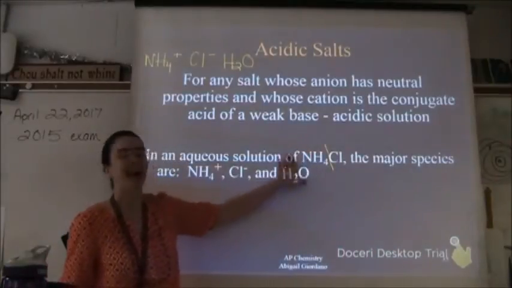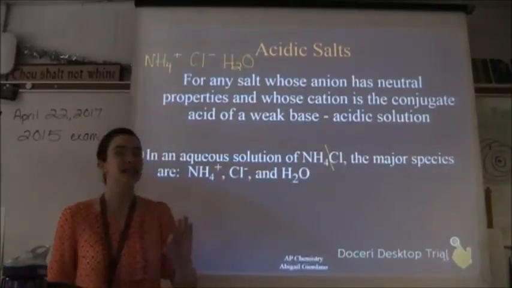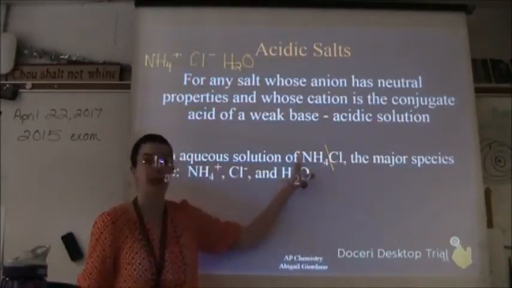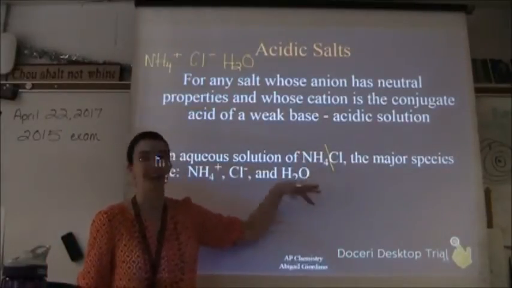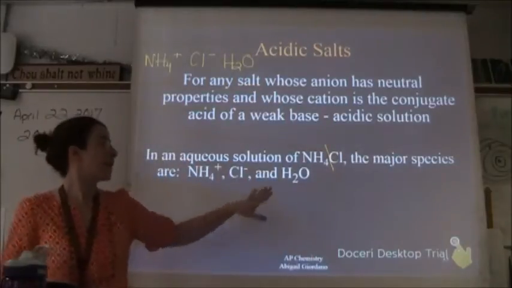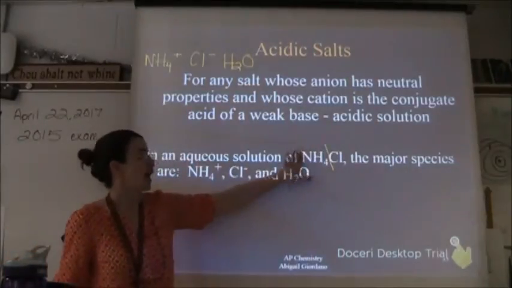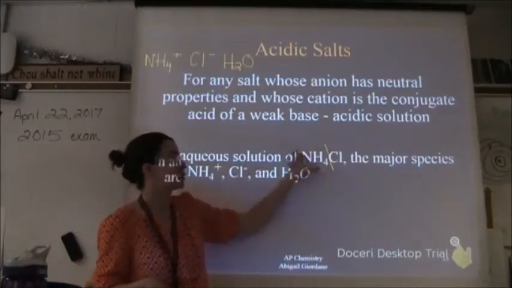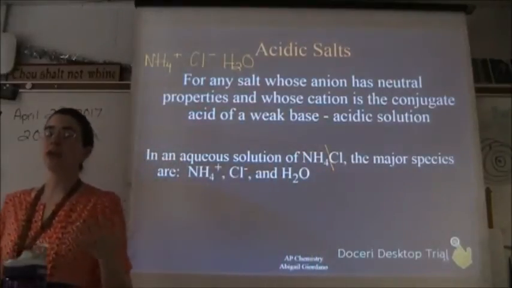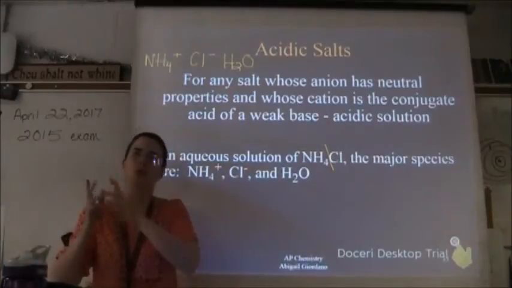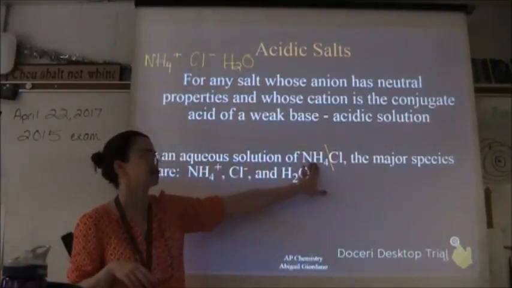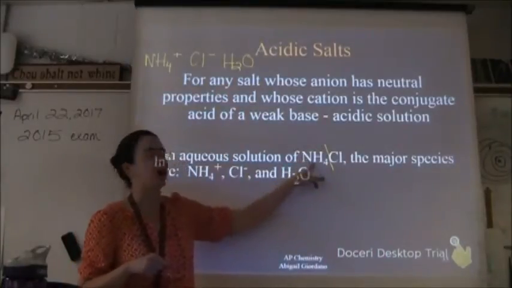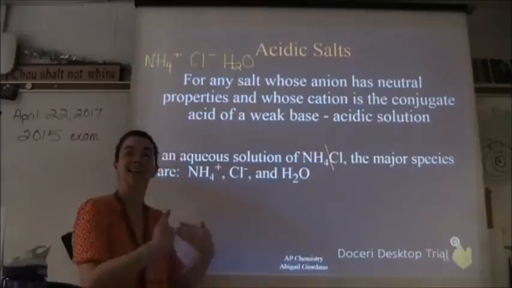If your cation is not a metal, it's a polyatomic ion that contains hydrogen, in order to predict what base this might form, this cation is going to act as an acid.